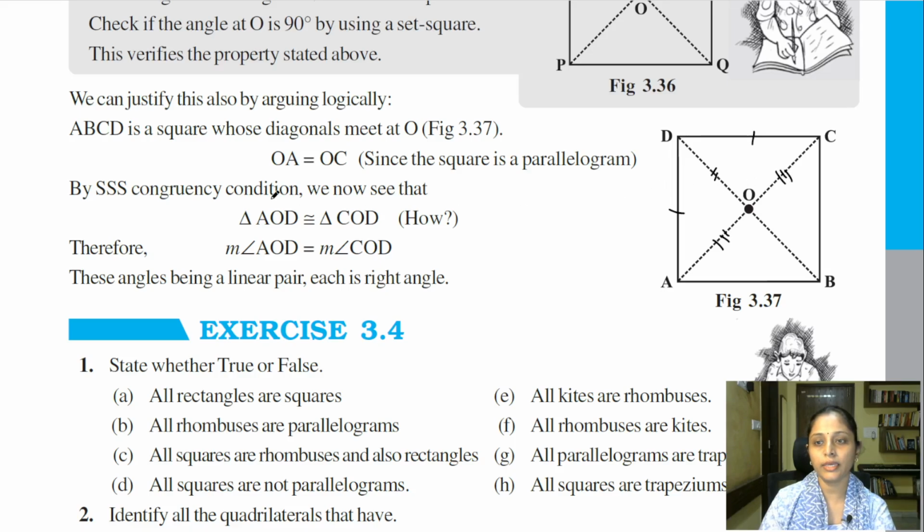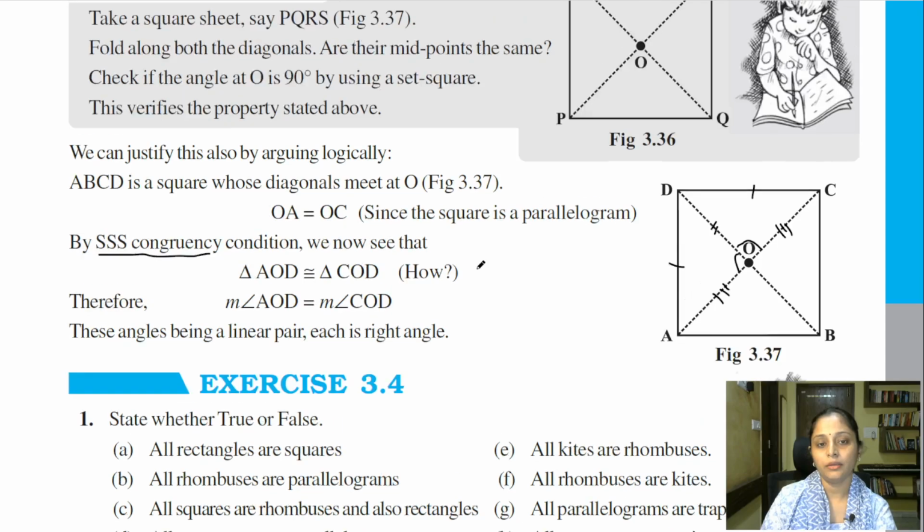So using SSS congruency, you can say that these two triangles are congruent. That means that again this angle is equal to this angle. Now these two form a linear pair. That means that each of them is equal to 90 degrees. You remember we used a similar proof for proving that the diagonals of a rhombus are perpendicular to each other, right? So this is about square.